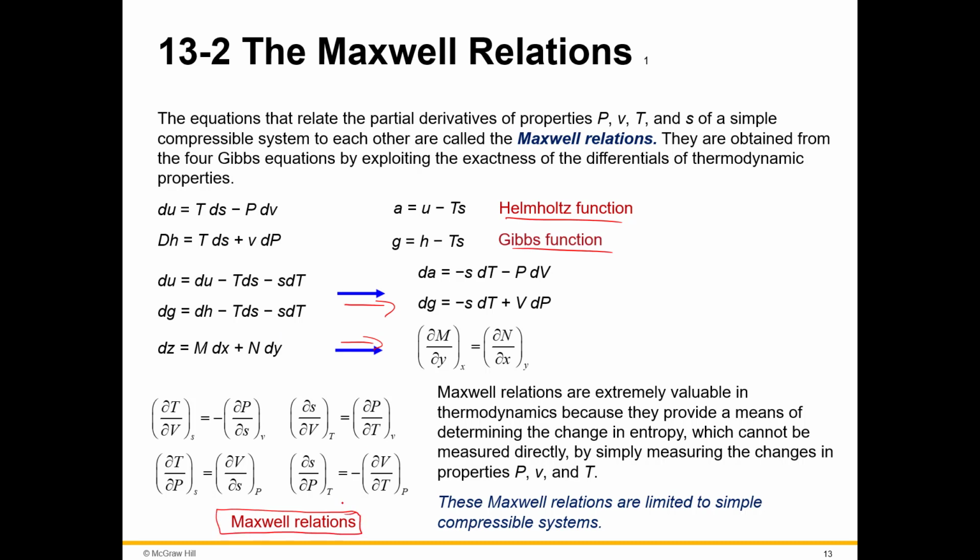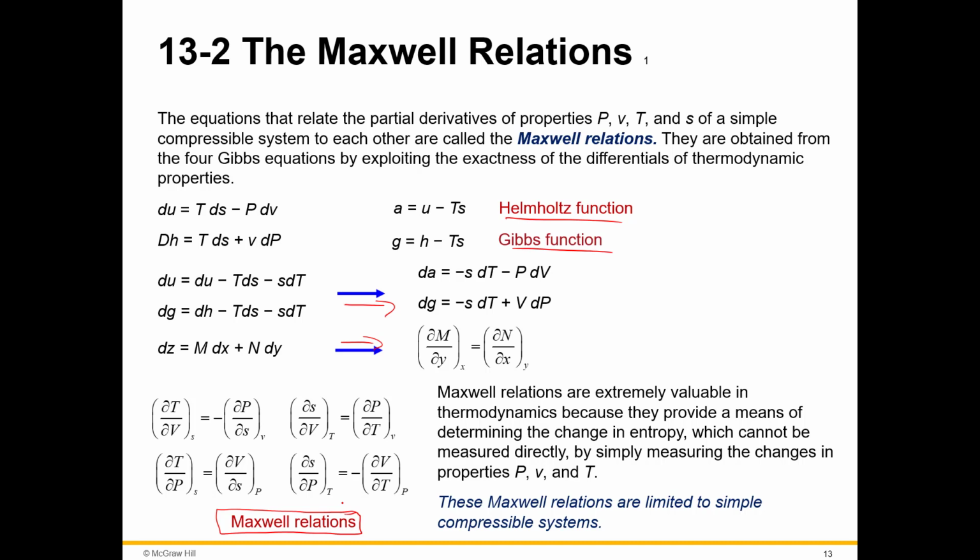Maxwell relations are extremely valuable in thermodynamics because they provide a means of determining the change in entropy, which cannot be measured directly. So we can't measure entropy directly, but we can determine it by simply measuring the changes in the properties P, V, and T, because we know that entropy is a measurement of irreversibilities.